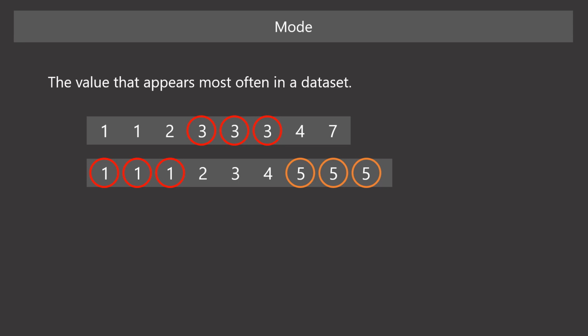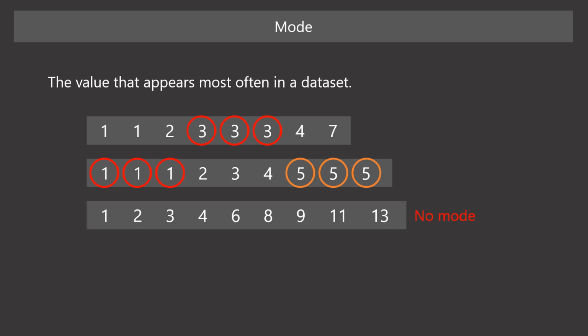For example, in this dataset, the most frequent values are 1 and 5. So there are 2 modes, 1 and 5. On the other hand, this dataset does not have a mode. All values appear only one time, and there are no most frequent values.